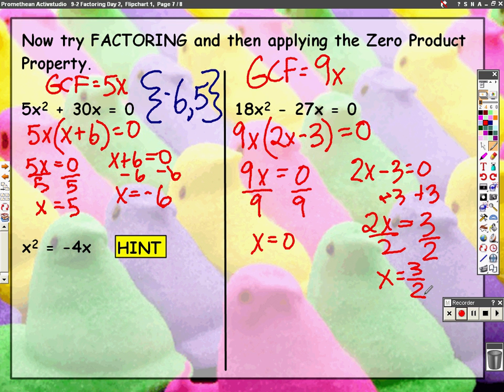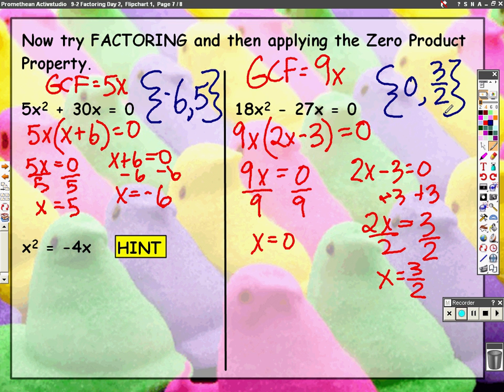I put that in brackets, and I end up with 0 and 3/2 as my two possible solutions. And again, I recommend that you check each of your solutions to be sure that you've worked out the problem correctly. Now, the last example here looks a little bit different.